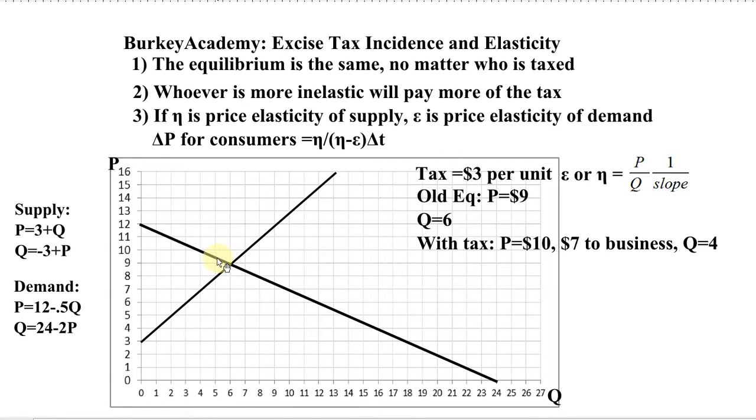So here's what happens. You can model this by saying the demand curve is going to shift downward by 3 units. 1, 2, 3. So the new y-intercept would be, let me color that red, 9, and so our demand curve, once consumers know they have to pay this tax, is going to be 9 minus 1/2 Q. But let's look at what the equilibrium is going to be with this tax.